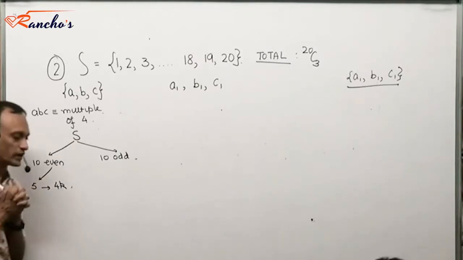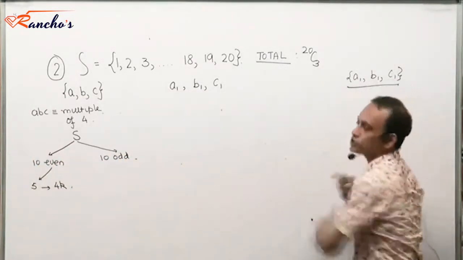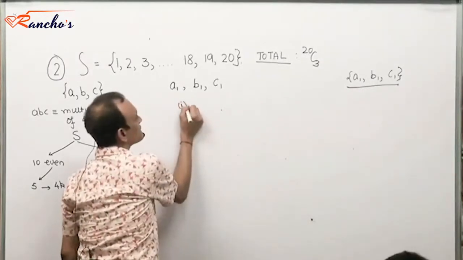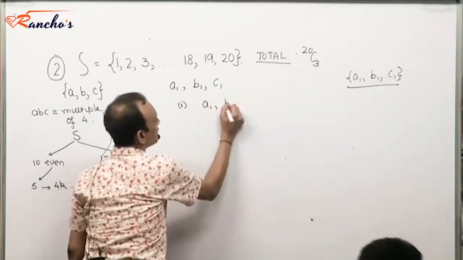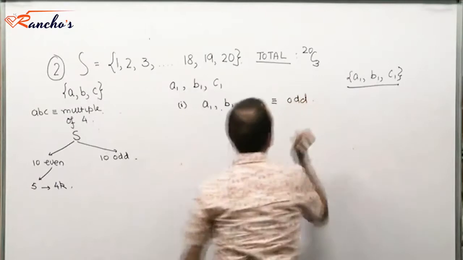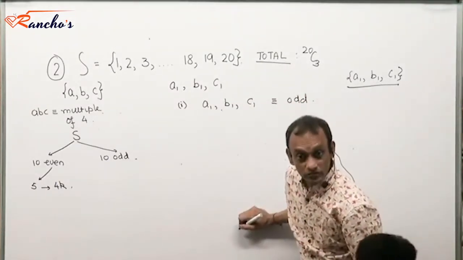Right? Okay. Now, I want the product to be not divisible by 4. One way to do that is by selecting A1, B1, C1 as odd numbers. If they are all odd, then the product will be odd and will not be a multiple of 4. Yes or no?